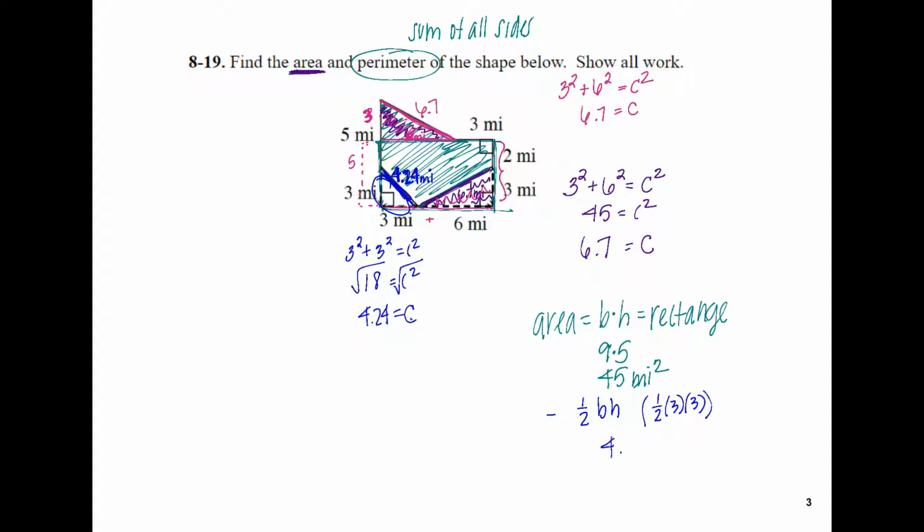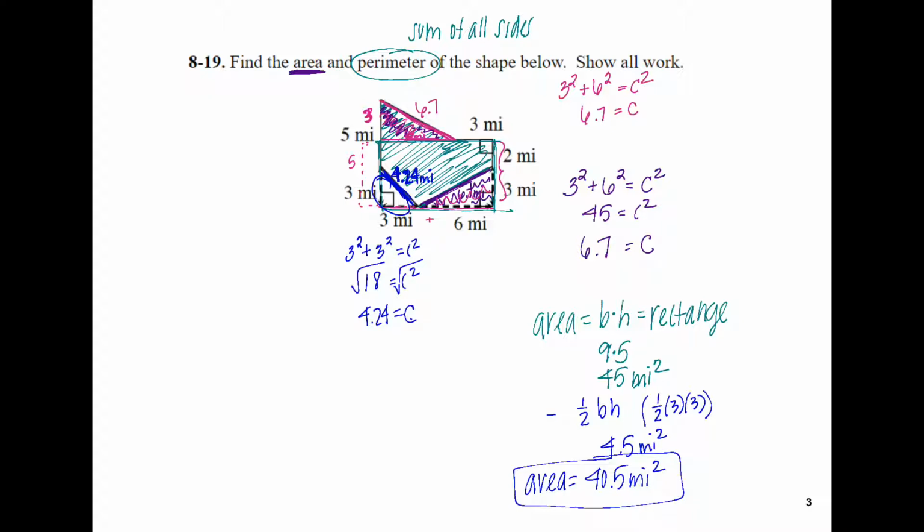If we subtract 4.5 units squared from 45, we get 40.5. Our area of our shape is 40.5 square miles.